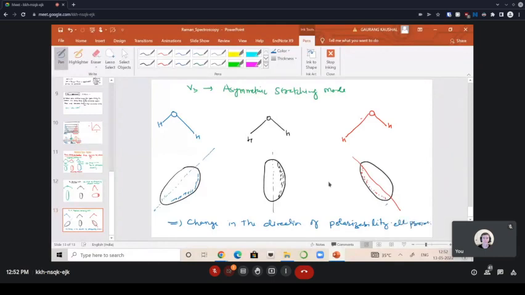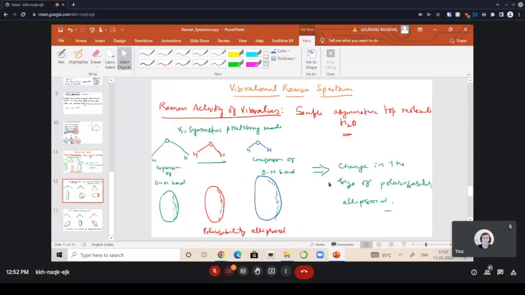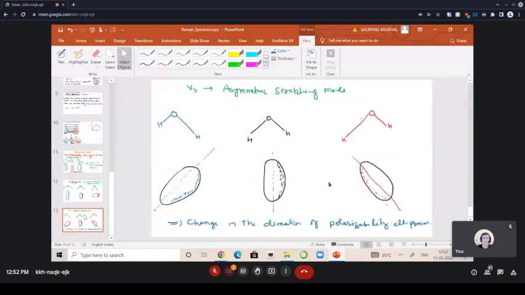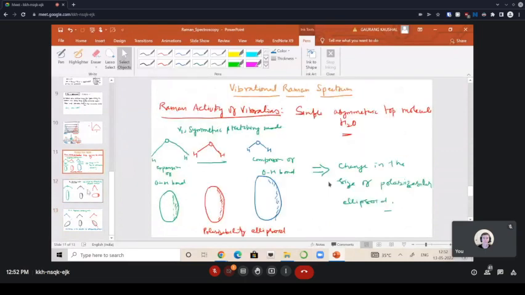In all the cases, they represent Raman active modes. All these three modes, ν1, ν2, ν3, are going to be Raman active in the case of the H2O molecule.